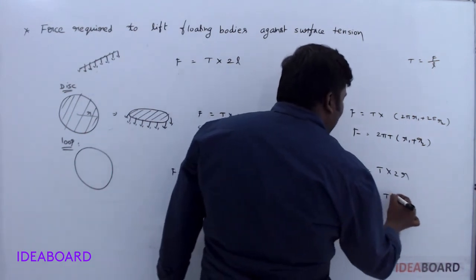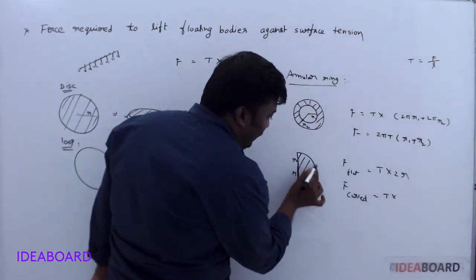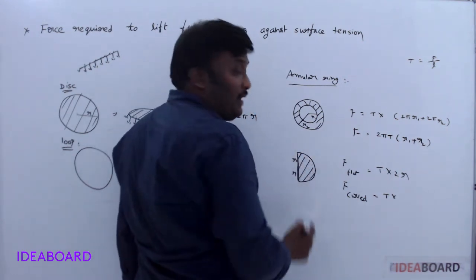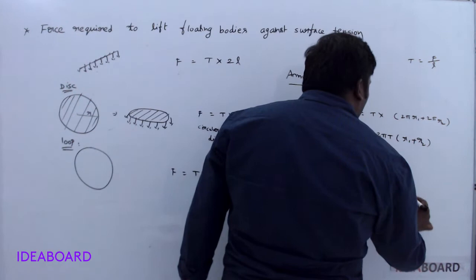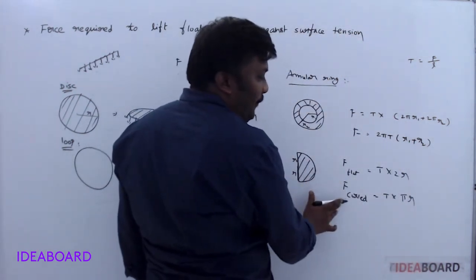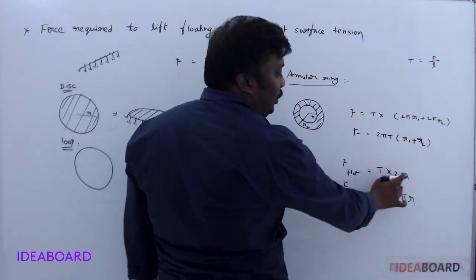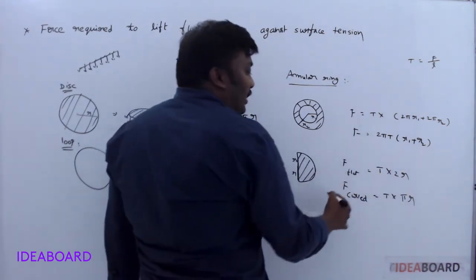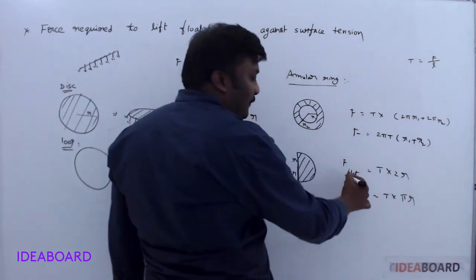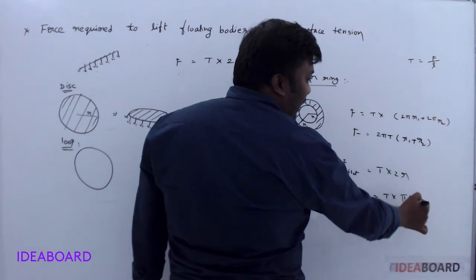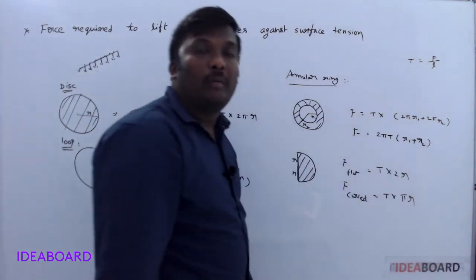The force due to the curved face is T into what is this value? Half of the circumference, the value pi R. So total force is F flat plus F curved, means T into 2R plus T into pi R. If they ask the ratio of the flat surface to the curved surface, then T cancels, R cancels, we get 2 by pi.